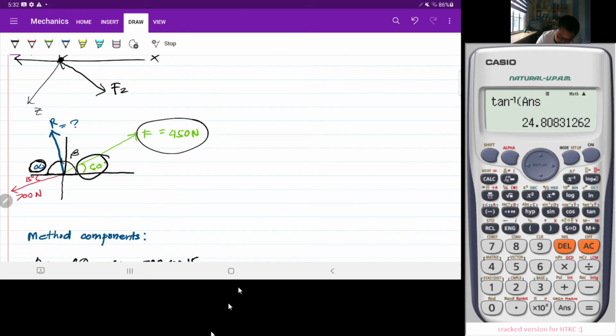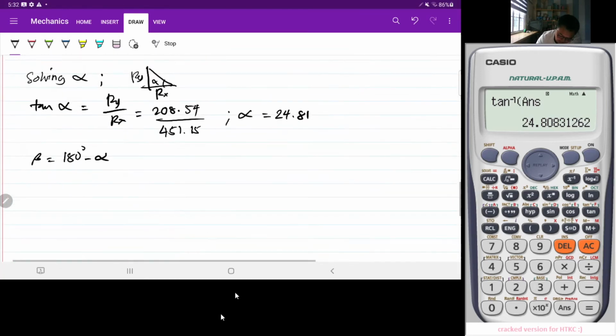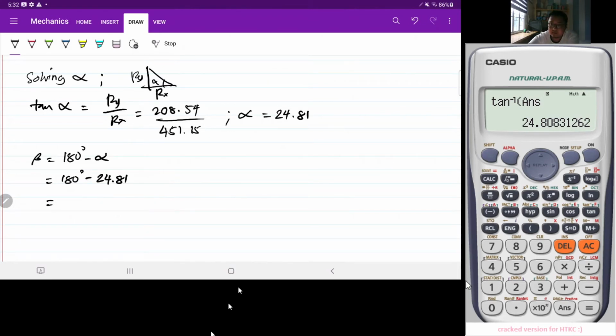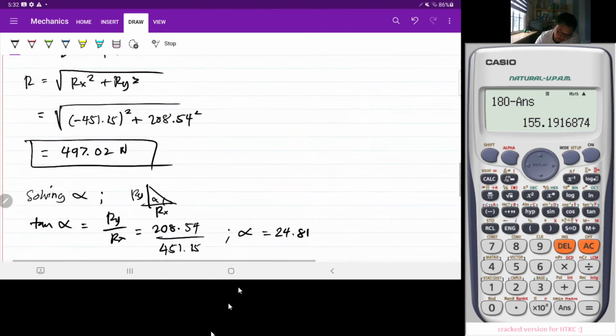So we can say that this beta is equal to 180 degrees minus 24.81. So beta is equal to 180 minus answer. So 155.19 degrees. Okay. So this is the answer for the second question.